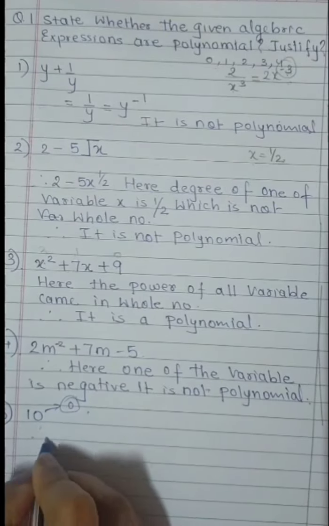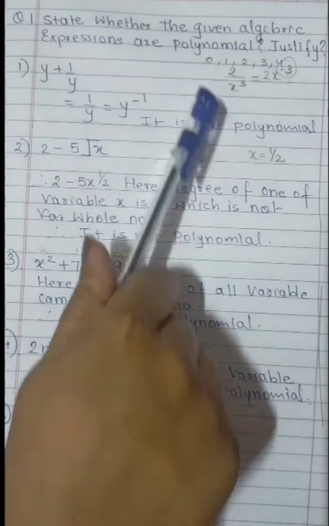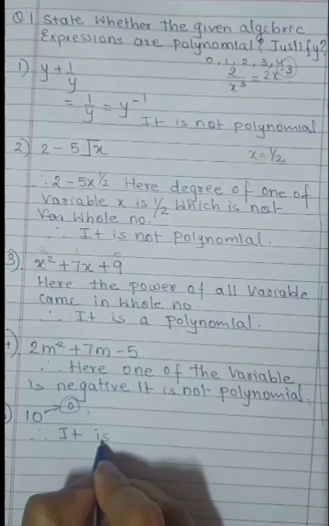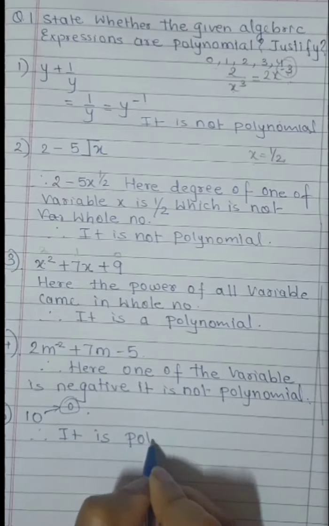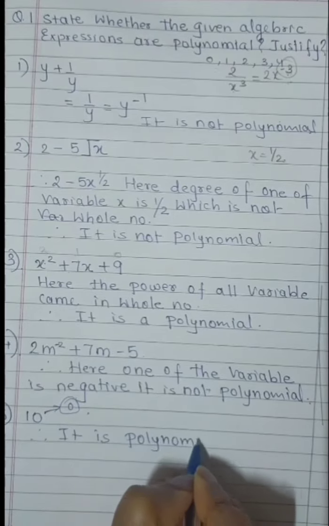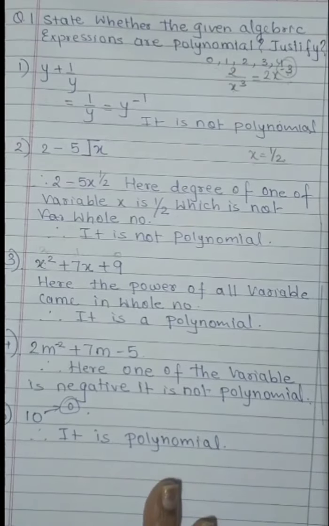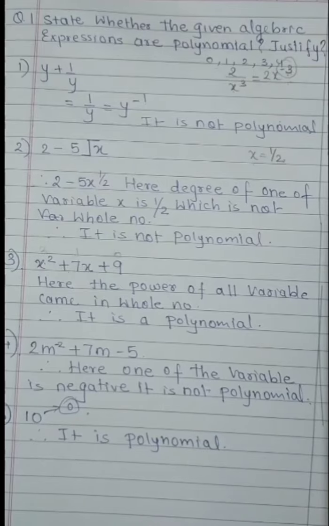So therefore 0 is a whole number, so it is a polynomial. I hope you understand what is power, what is degree, and how we have solved this, how we justify the algebraic expression.